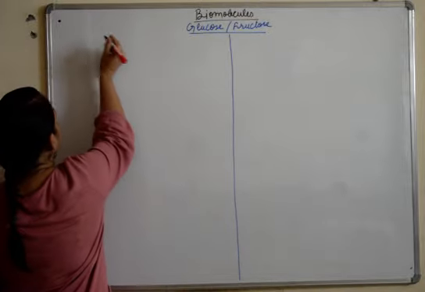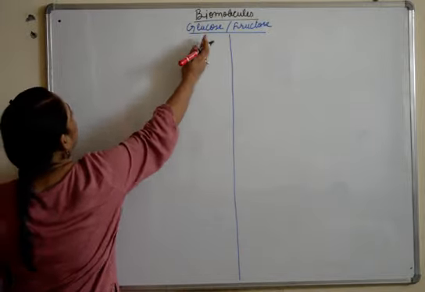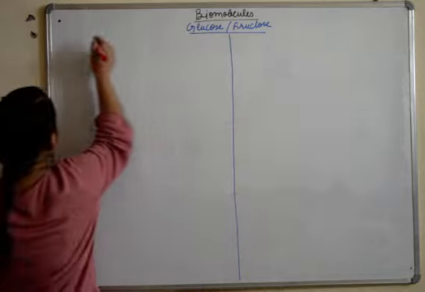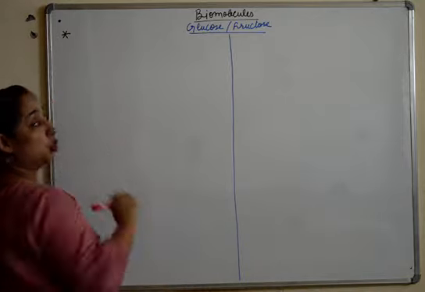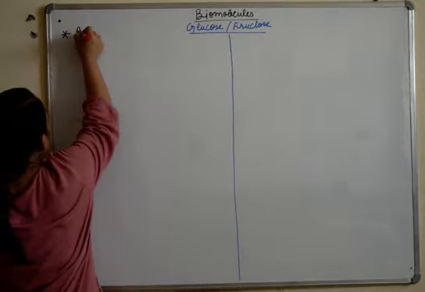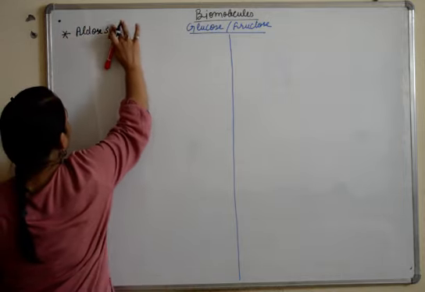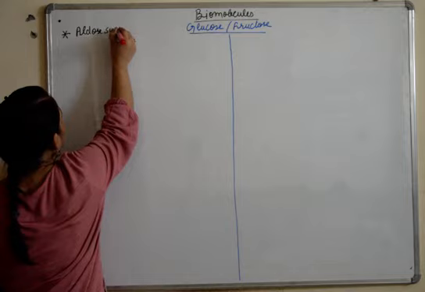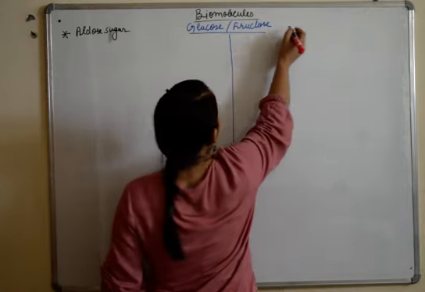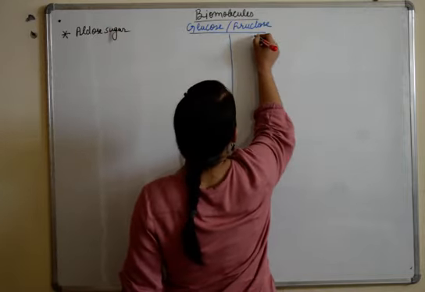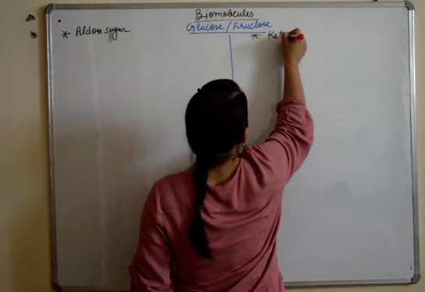Starting up with glucose. Here I'll just write, this one is glucose and this is fructose. So we'll start with the first thing. Glucose is known as aldose sugar, and fructose is known as ketose.